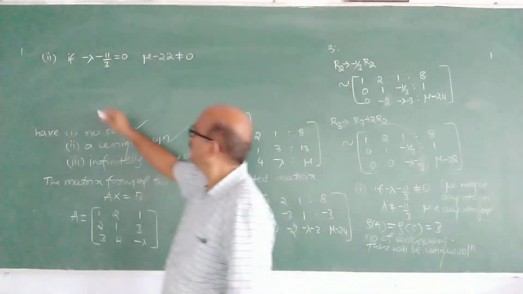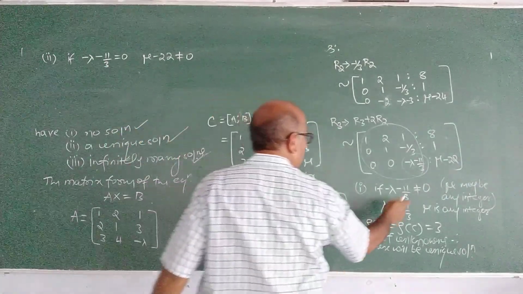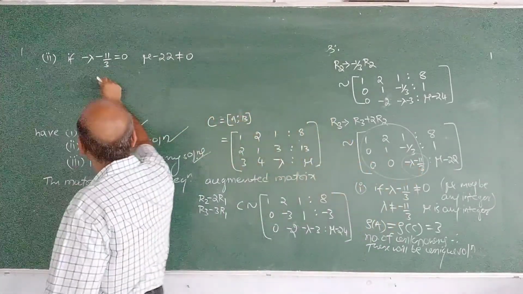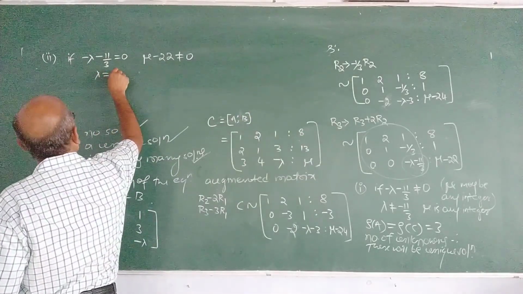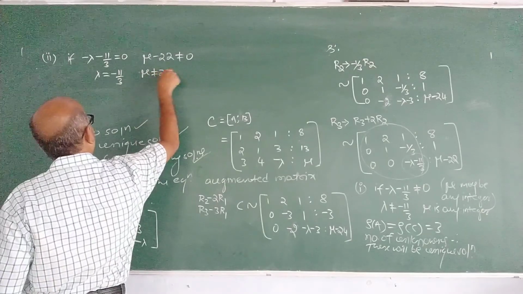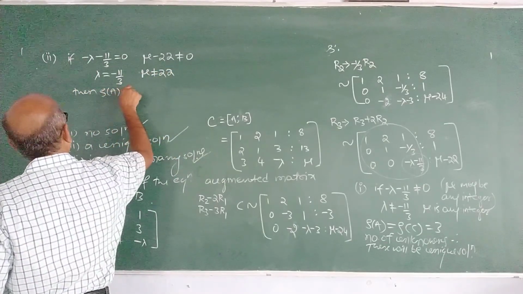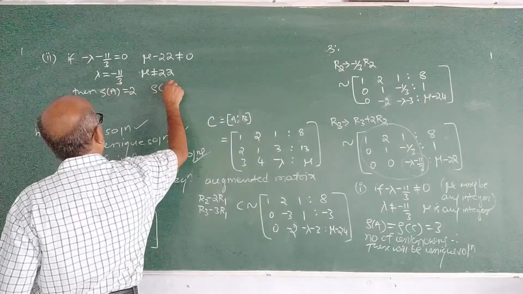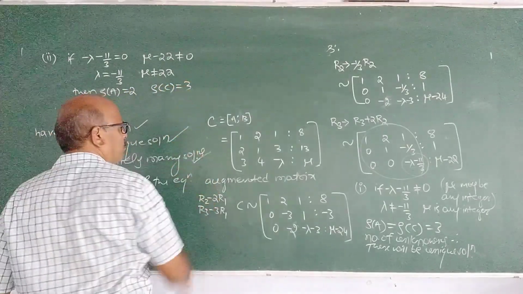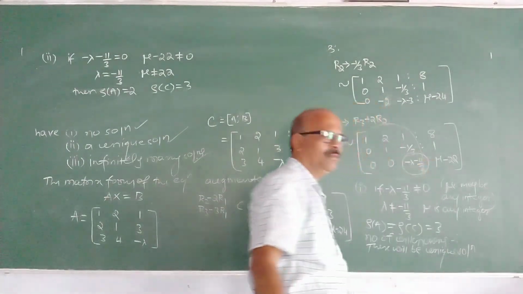The second case is, suppose minus lambda minus 11 by 3 is 0. This is 0. That is, lambda is minus 11 by 3 and mu is not equal to 22. Then rank of A becomes 2 and rank of C is 3. Because see the matrix here, this step is important.